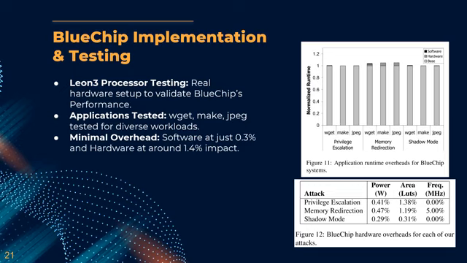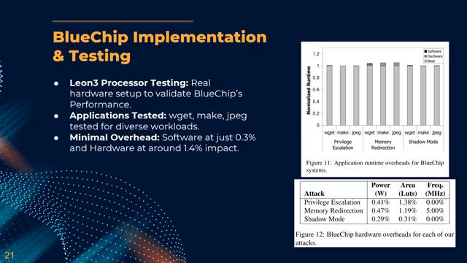Even under stress from attacks like privilege escalation, memory redirection, and shadow mode, Blue Chip manages to impressively keep the hardware overhead to a minimum as well. This demonstrates Blue Chip's power. It can detect and neutralize hardware trojans without compromising system performance. Just like a nice car should handle any road you throw at it smoothly, Blue Chip ensures that security doesn't come at the cost of speed or reliability.